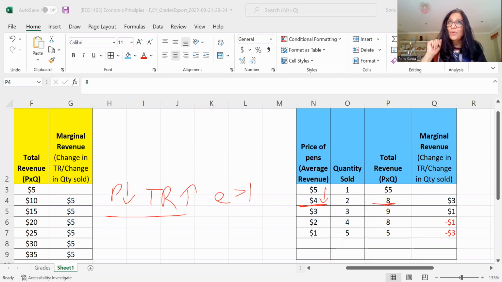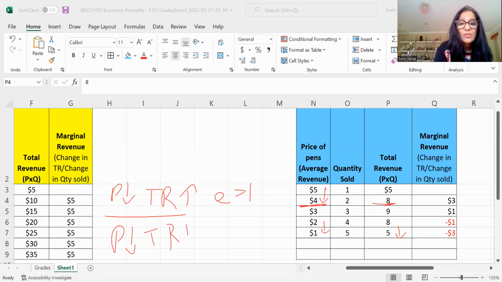We have done this before, right? And later, price is decreasing, but the revenue is also decreasing. So if the price is decreasing and revenue is decreasing, we say elasticity is less than 1. And this is the reason the additional revenue is even negative, right?